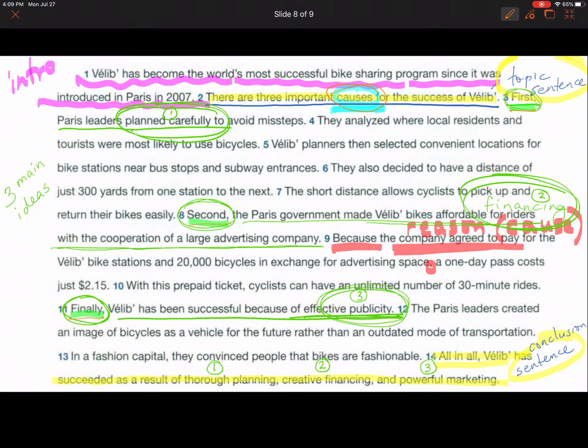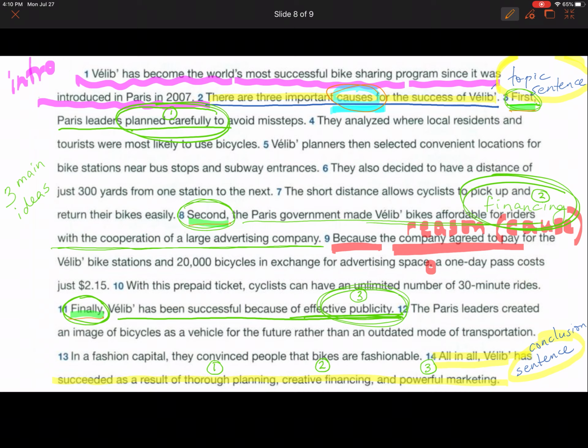So what are the three causes? Number one, careful planning. Number two, you could say creative financing. And number three, effective publicity. You weren't asked to, but it's a good idea to look at the conclusion statement as well. Okay, it should mirror the topic sentence.